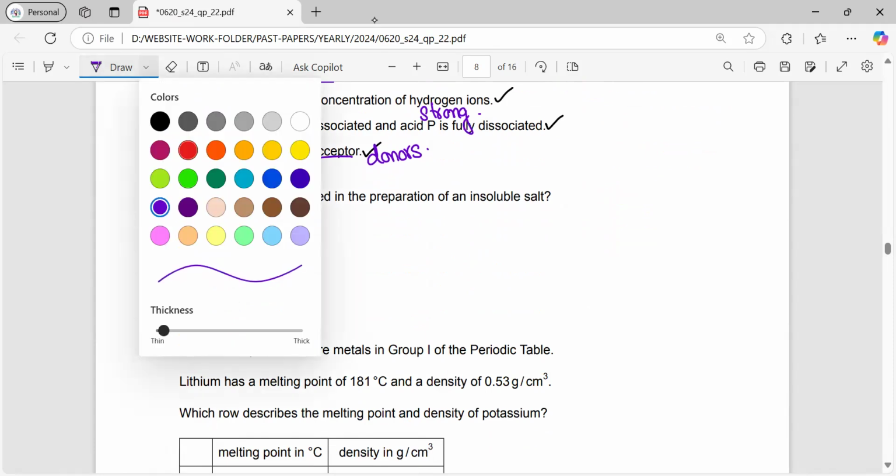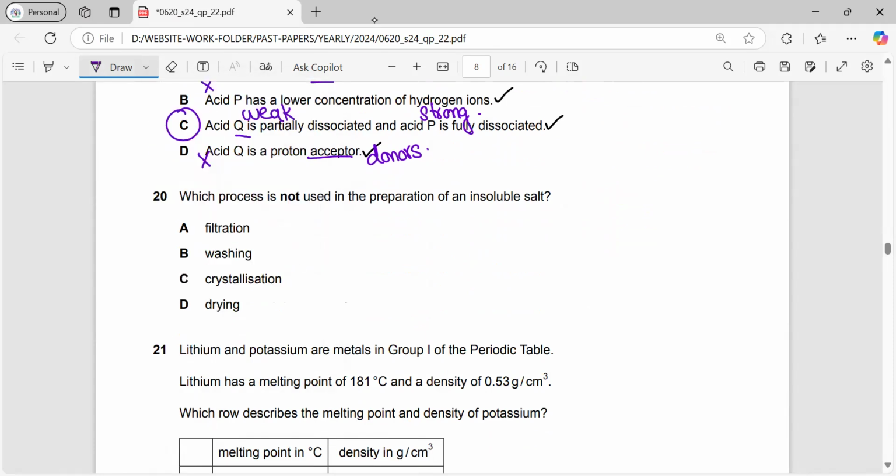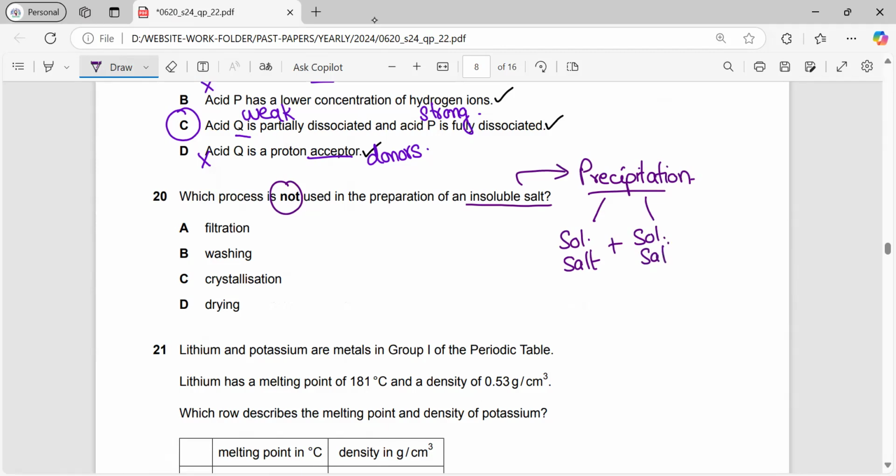Number 20. Which process is not used in the preparation of an insoluble salt? Now, insoluble salts are prepared by precipitation reaction. In a precipitation reaction, we take two soluble salts.